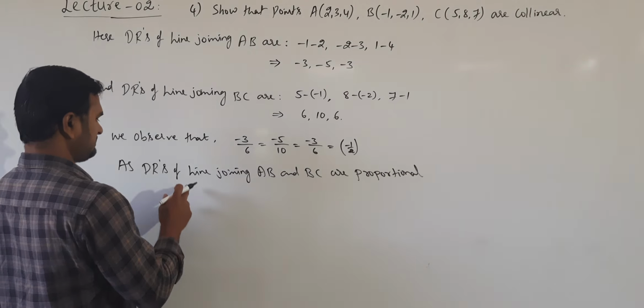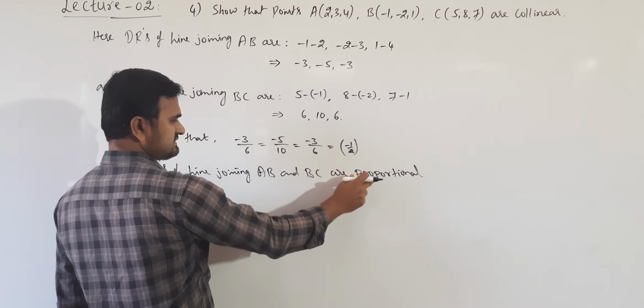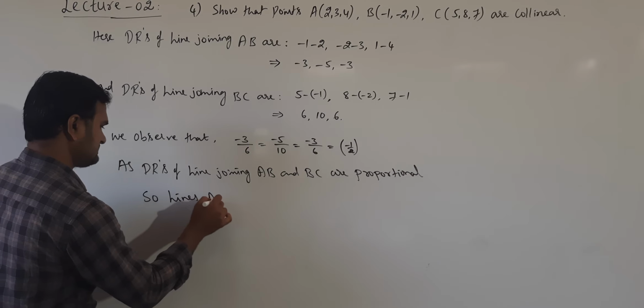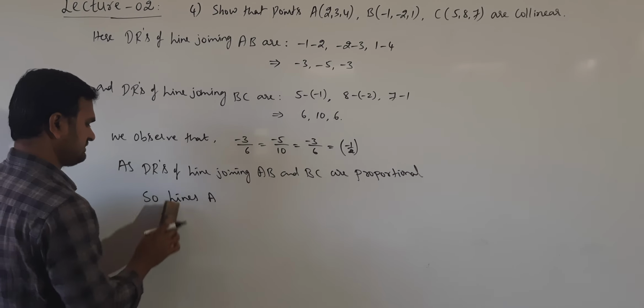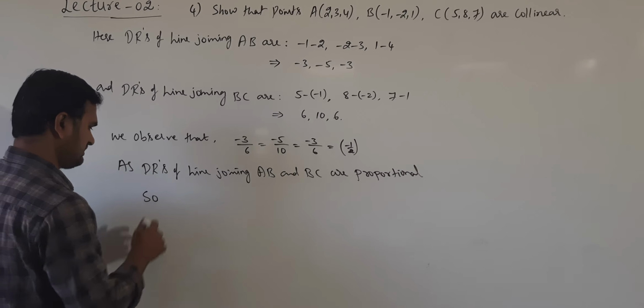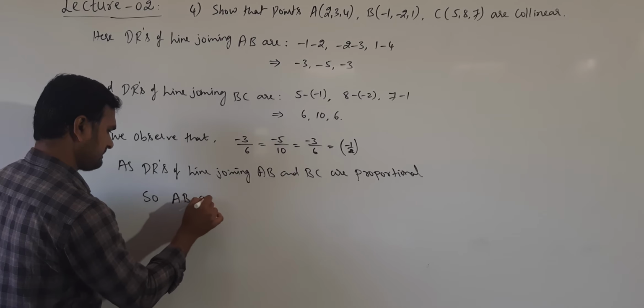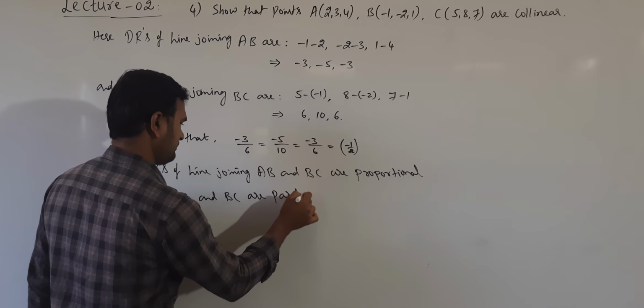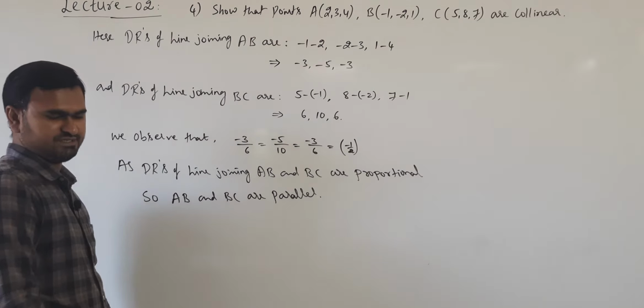So the DRs of AB and BC are proportional, so AB and BC are parallel.